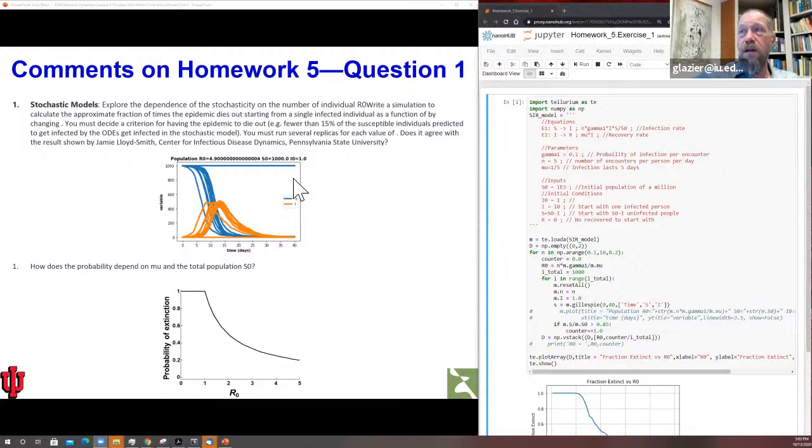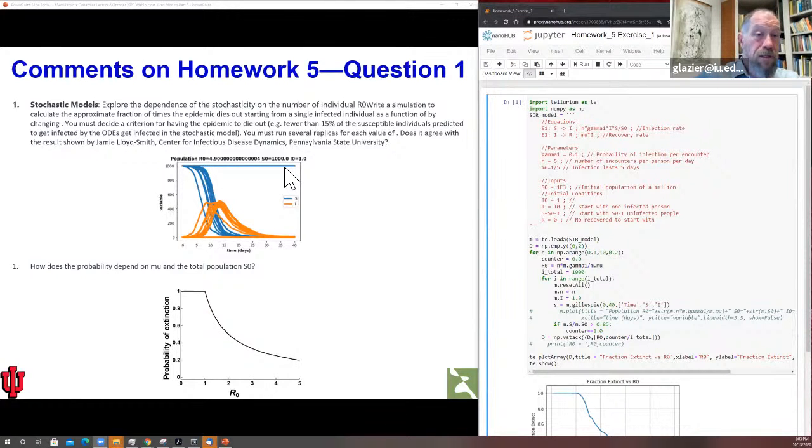And in this example, R naught is 4.9, so it's pretty big. We have a population of susceptibles of 1,000. We start with 1 infected individual. And most of the time, people get infected, and essentially everybody gets infected. But we see this one line up at the top where nobody got infected besides that first person.